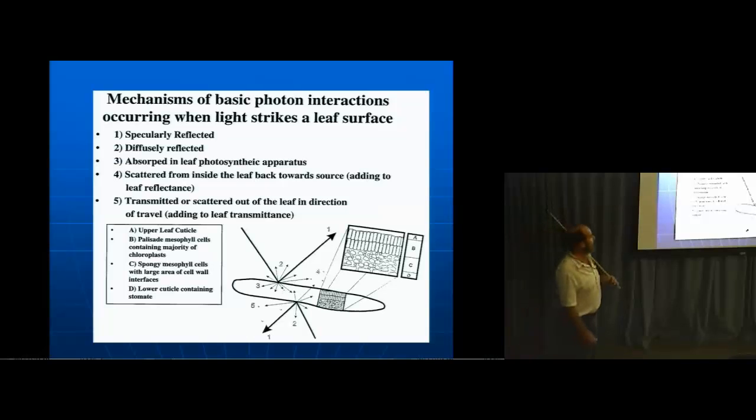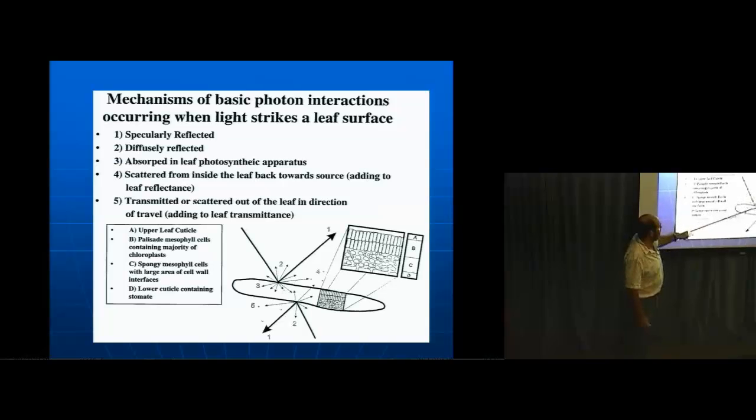For leaf reflectance, some of the light is specularly reflected, some is diffusely reflected, some is absorbed by the leaf, some is modified or absorbed by the leaf structure, and some penetrates through to the leaf below, where the same thing happens again. So what's returned to the spectrometer can be a combination of what's been measured in several leaves.